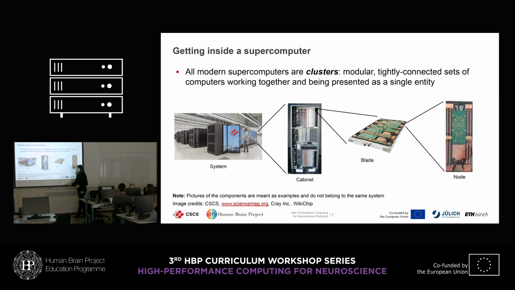Starting from the system level, the system is usually composed of a series of cabinets. As you can see from the picture, they are like closets, more or less. These cabinets can be easily the height of a person or a little bit more. Inside the cabinets, there are so-called blades. These are trays that fit inside the cabinets, either horizontally or vertically.